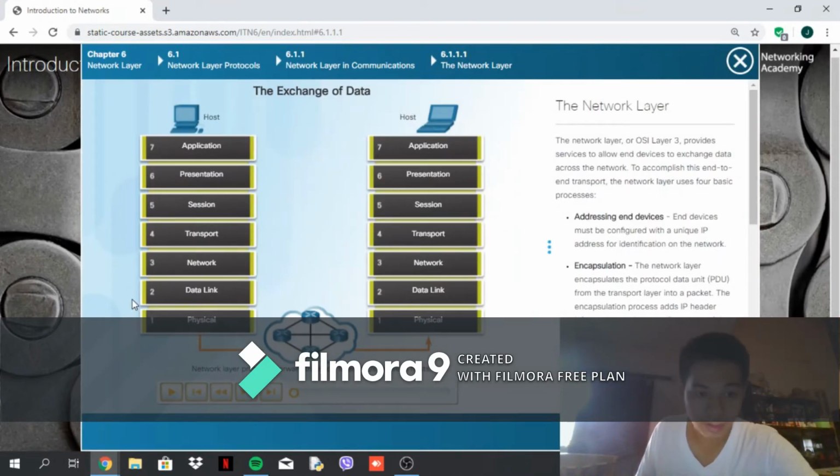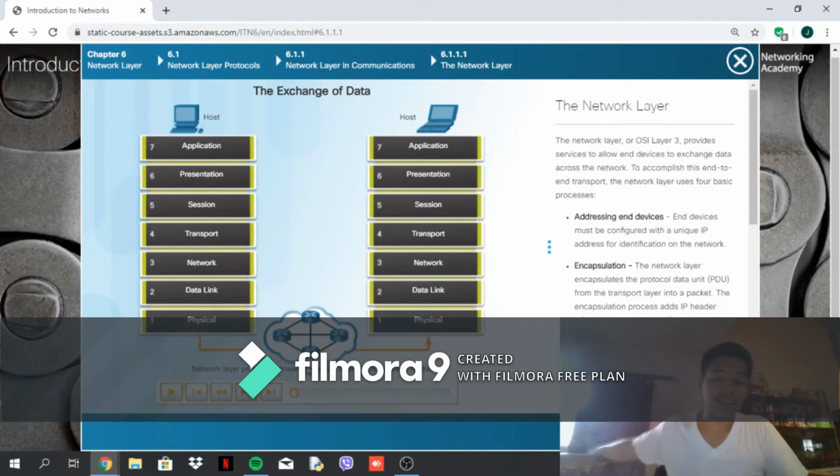These seven layers are how they pass the message or data from host one to host two. It can be transferred using different mediums, like cables, fiber optic, crossover, or phone.